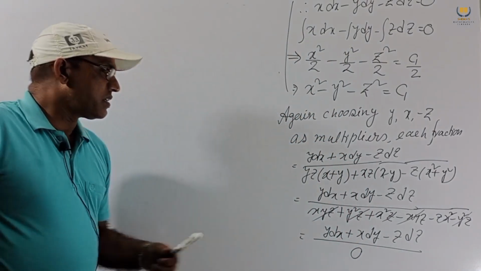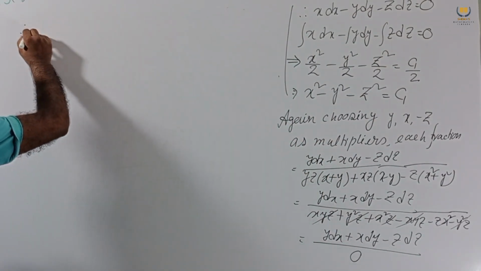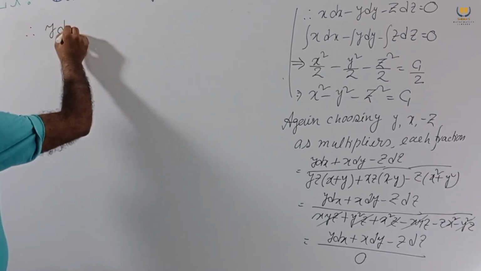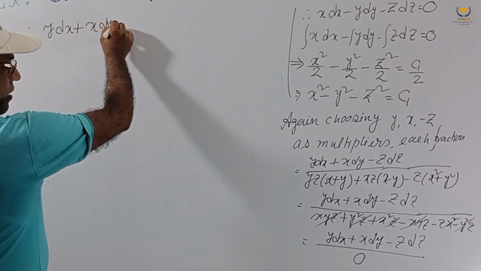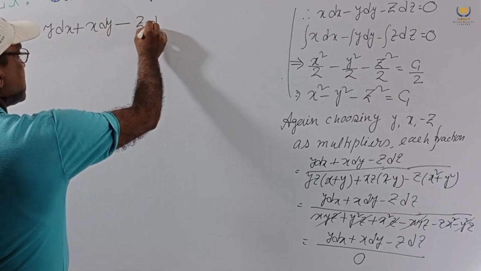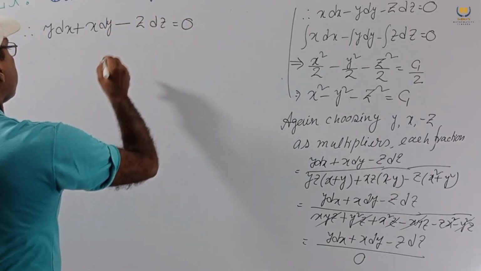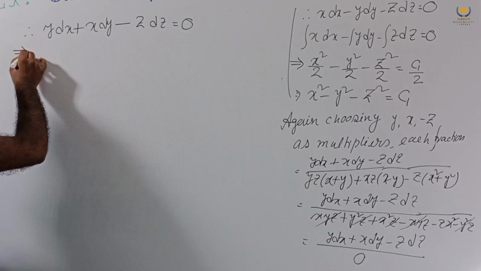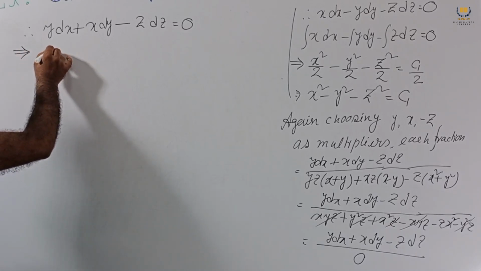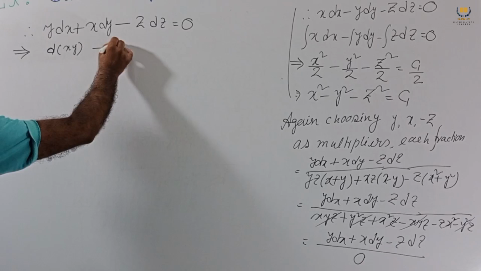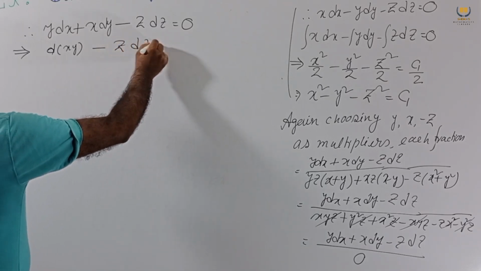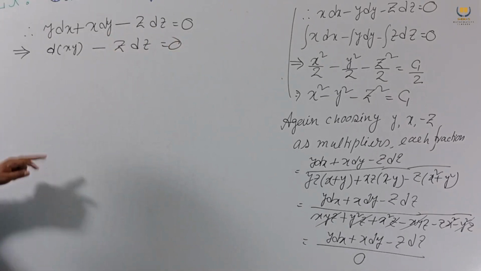If the denominator is 0, then we can write y dx plus x dy minus z dz equals 0, and this can be written as d of xy minus z dz equals 0.